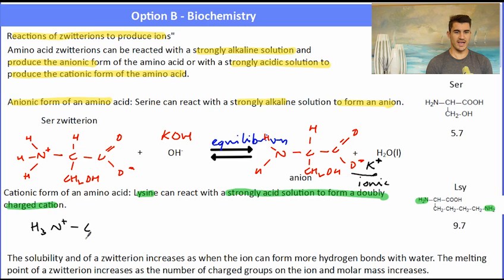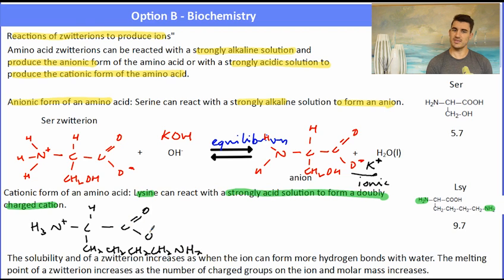So here we have our Zwitter ion for lysine. It has the NH3 group, which has accepted a proton from the carboxy group. It's going to be a high pH because it also has another NH2 group as part of its Z chain. And here's the carboxy group with the negatively charged oxygen.